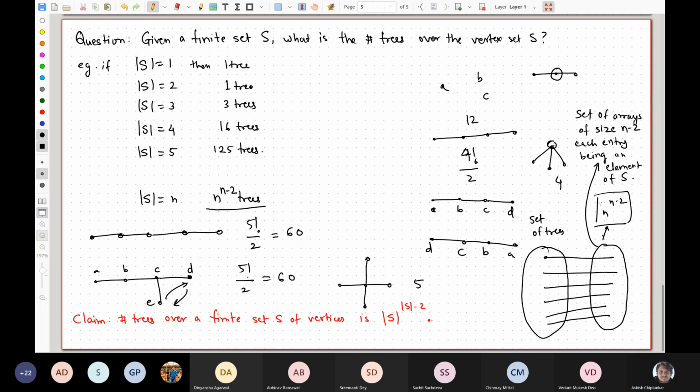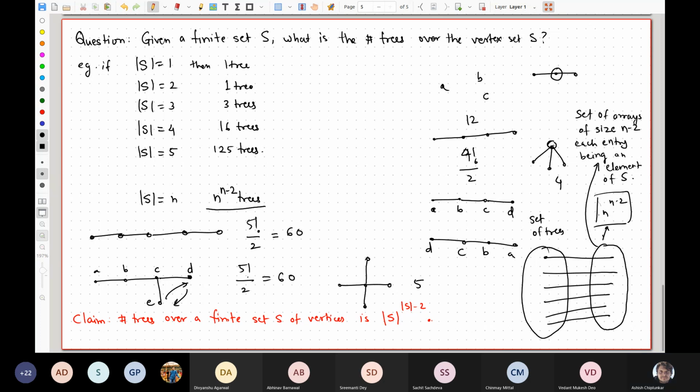Abhinav? So these elements of each array are distinct, right? Or can they be similar? Not necessarily. I have not said that. Otherwise, the size is not going to be n to the n minus 2. They need not be distinct. If you are trying to count arrays which have distinct elements, then the number of such arrays is not going to be n to the n minus 2.